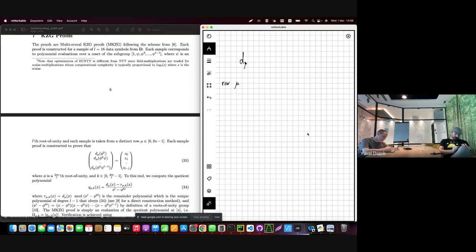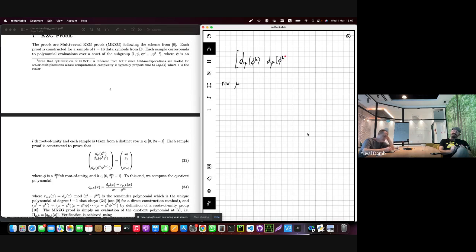Now d mu, small d, would be a tuple of size 16. And we're going to be interested in the tuple at 16 points, where the points are going to be at these specific domain points.